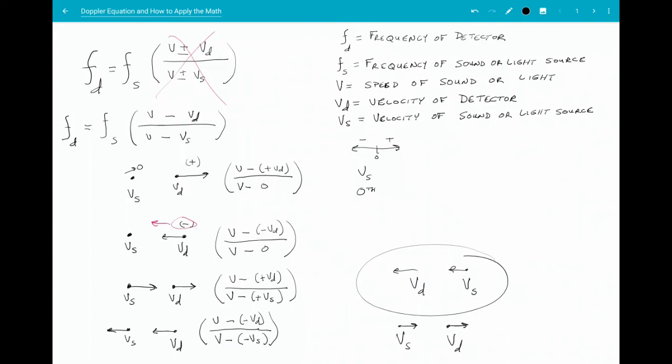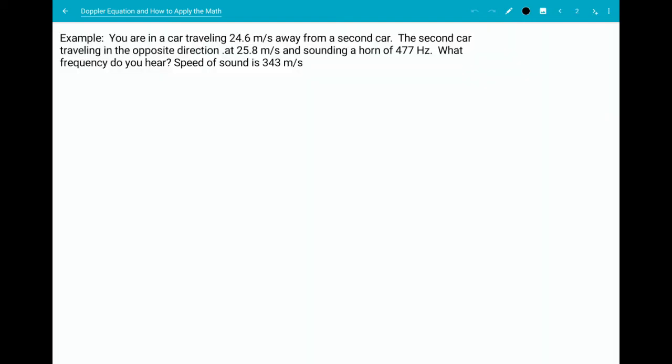You might want to see an actual example, so let's do one. I have a car that's going 24.6 meters per second away from a second car that's traveling in the opposite direction, sounding a horn at 470 hertz. What is the frequency?